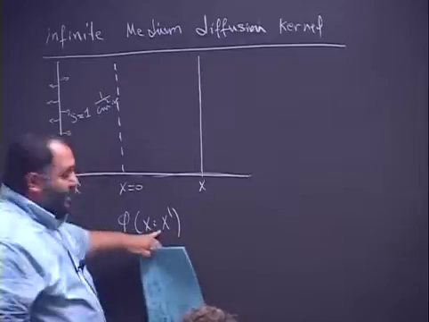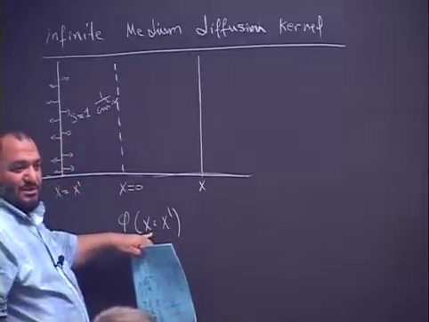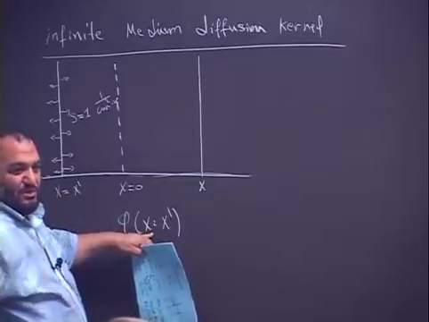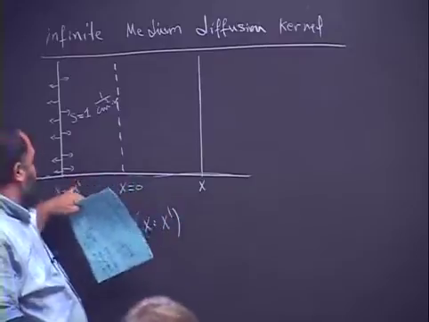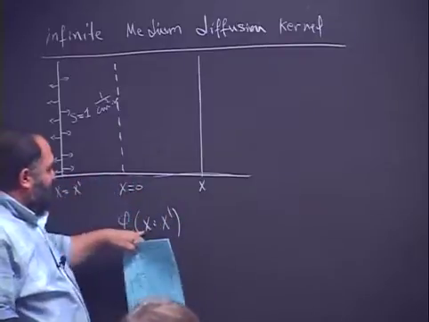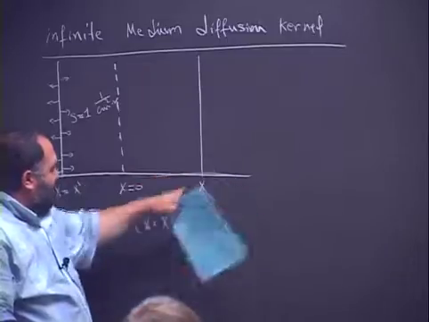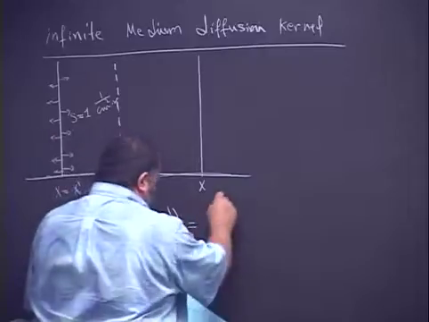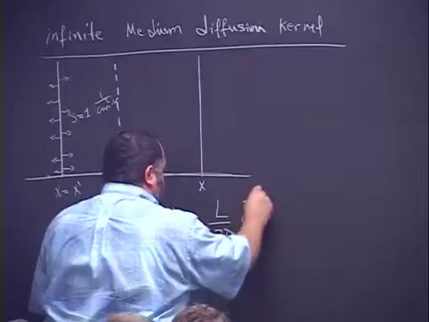Last time we used to write it only as phi of x, because it's the flux at x and we know that the source was at x equal to 0. Now, because we shifted the source to x equal to x prime, we will say the flux at point x, because of a source at point x prime, is equal to L over 2D multiplied by e to the power of minus the absolute value of x minus x prime.